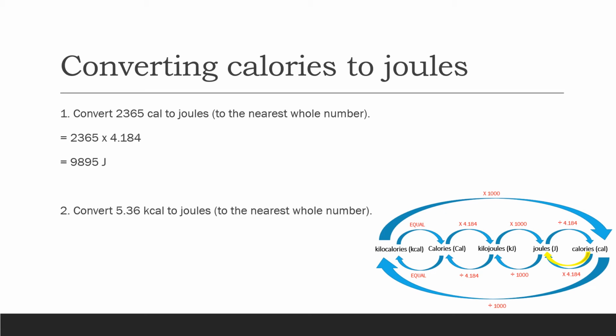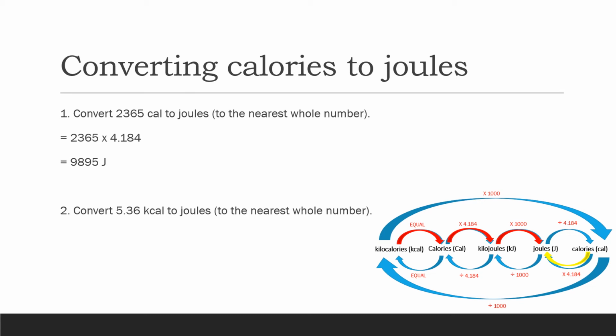If we have a look at another example, convert 5.36 kilojoules to joules to the nearest whole number. So if we have a look at kilojoules, and to get to joules, we need to go from kilocalories to calories, which is equal, and then to kilojoules, and then to joules. Okay, so what have we done? We've gone from kilocalories to calories, which they're equal, so we don't have to do anything.